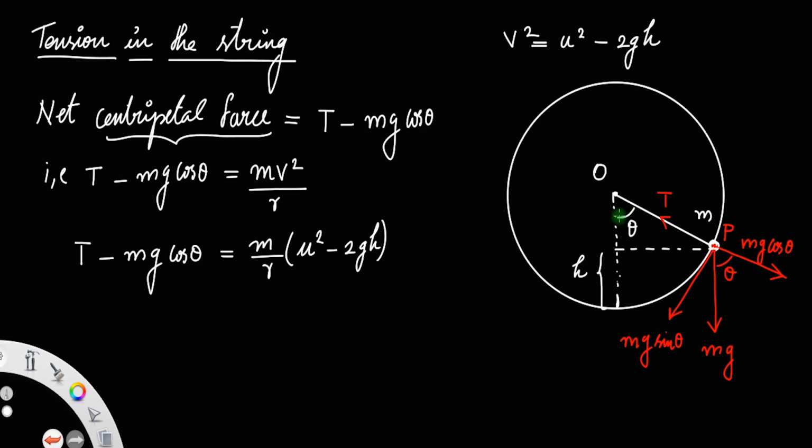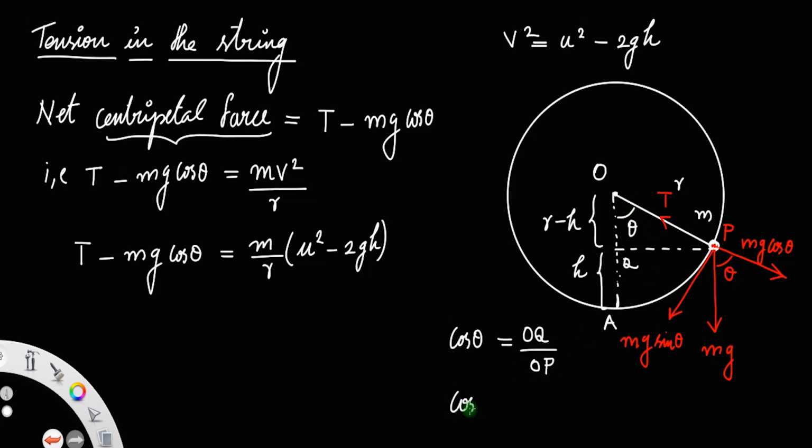Again, this is theta, this length is r minus h, since the total length is r, and also the length OP is equal to r, the radius of the circle. Let's call this point Q and let's call this point A. If you consider the triangle OQP, you have cos theta equal to the adjacent side, that is OQ, divided by the hypotenuse OP.